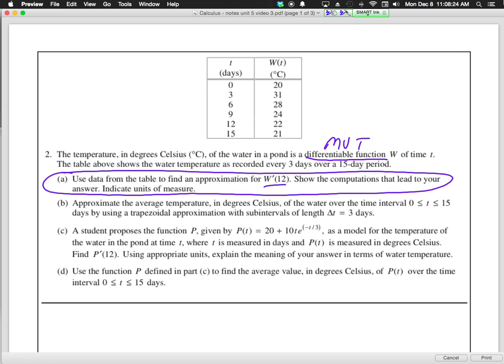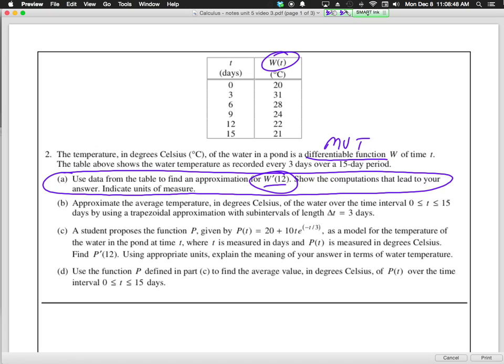W. This table is W, and I want W prime of 12, which I cannot do from a table. But there's something I can do to approximate W prime of 12. And what do you think that something is? IROC. If you're going to approximate an IROC, you're going to do it with an IROC.